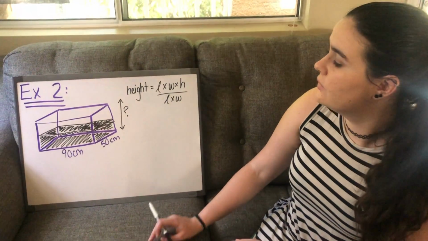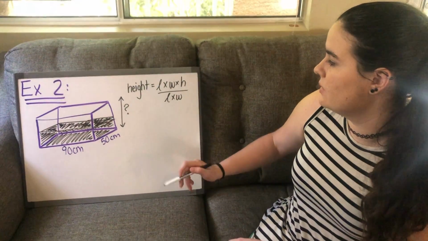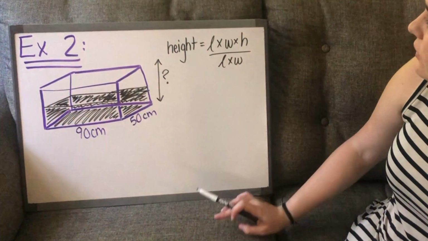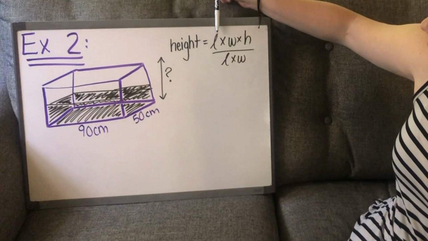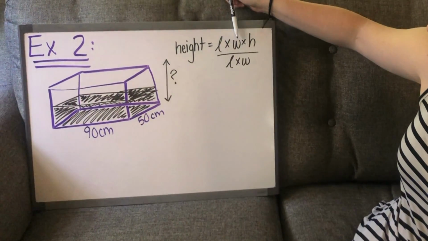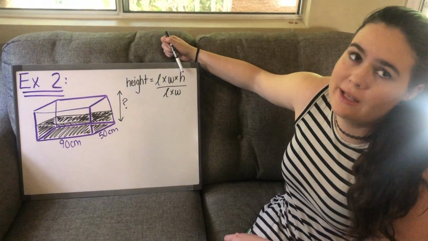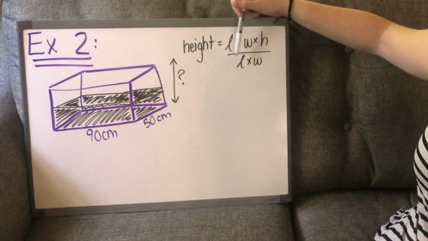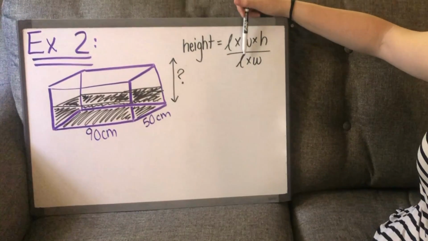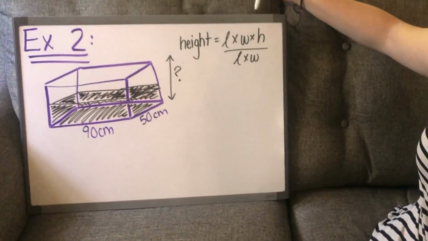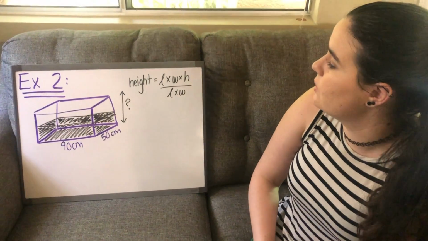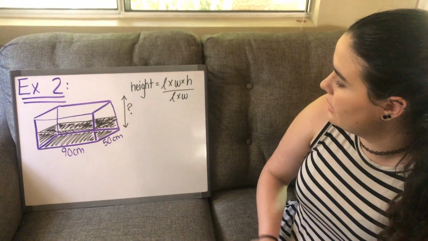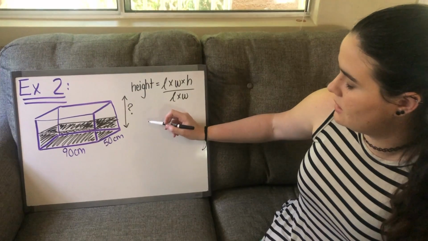For example 2, the first step that we are going to do is find the height of the water right here. So to find the height of the water, we are going to take the length times width times height, which is the same as the volume, and divide it by the area of the base, which is length times width. Since this container holds 162 liters, we are going to convert that into cubic centimeters.